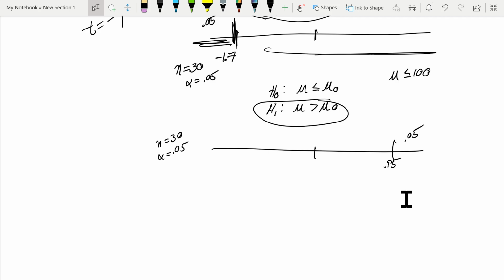Look at the one above it. This cut off 95% to the right, 5% to the left, and the t-value was minus 1.7. The only thing that changed is which end I'm working on.